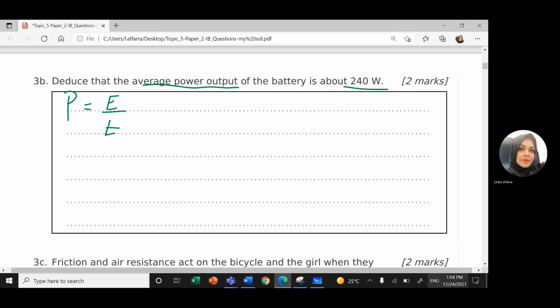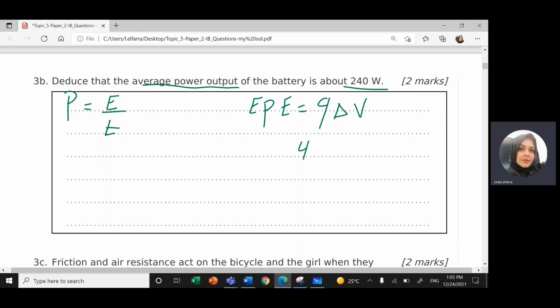And for energy, we have the conservation of energy. Okay, the girl is moving, so this energy is converted to electrical potential energy. So the electrical potential energy will equal Q times the voltage delta V.